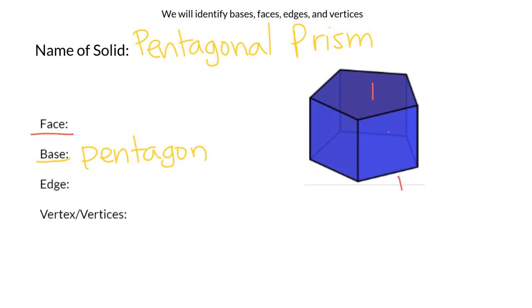So I know that there are 1, 2, 3, 1 in the back, 4, and 5 rectangular faces. So I have 5 here in the middle, and then 1 on top, and 1 is our base. 5 plus 2 for a total of 7 faces.